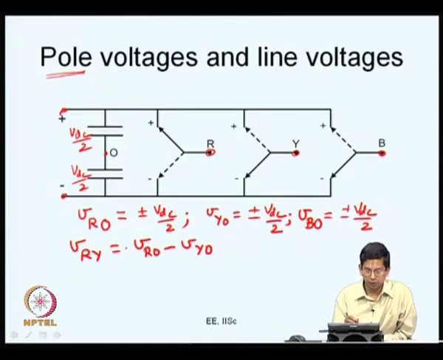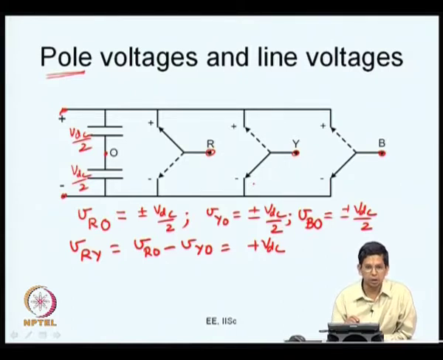Now, if R is connected to the top throw and Y is connected to the bottom throw, then VRY is equal to plus VDC. So, VRY can take the value of plus VDC when VRO is plus VDC by 2 and VYO is minus VDC by 2.